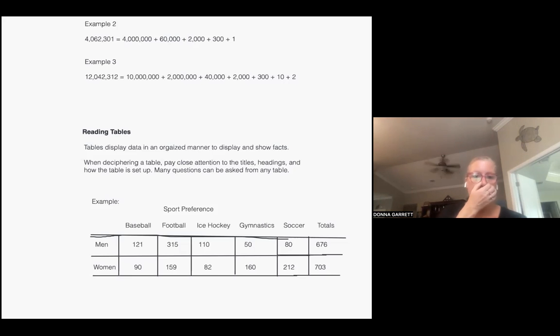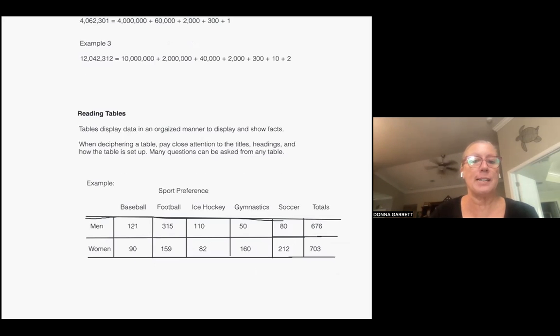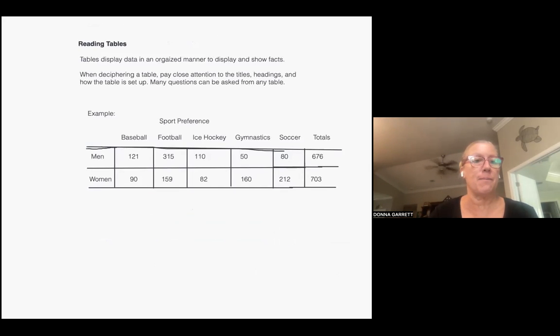But there's our table. And then I'm gonna let you write that down. Give you a second to write all that down. And then we can ask a whole bunch of questions from this table.